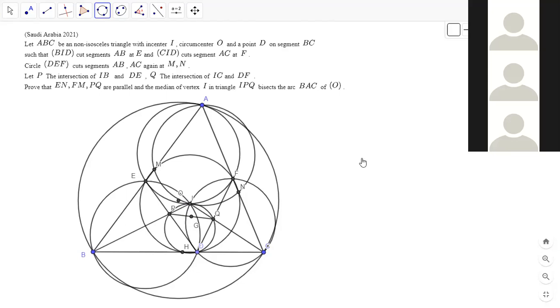All right. And then for PQ, I think it's just Reim's theorem. You know about Reim's theorem? Yeah, so basically by Reim's theorem, we have PQ is parallel to both EF, EN, and MF, basically.